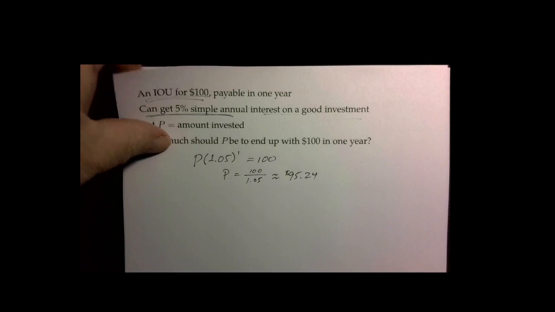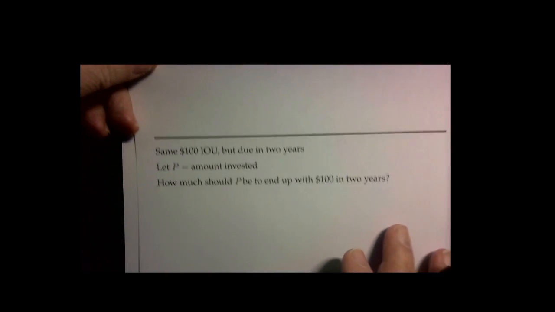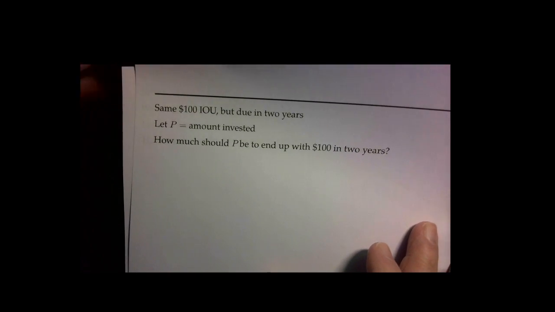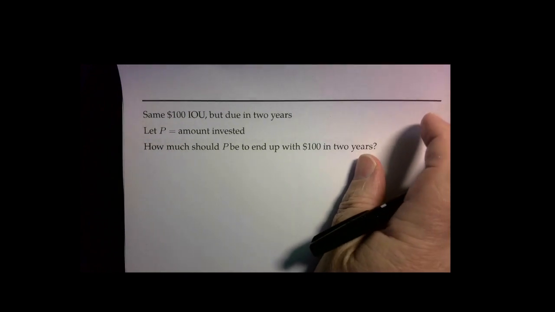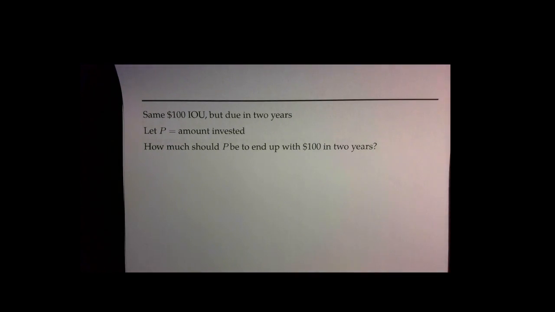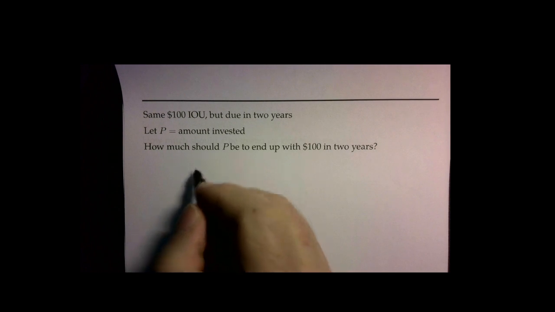Okay, let's do one more with simple interest here. Same IOU, it's $100. You can get 5% simple annual interest. But this time, the IOU is not due for 2 years. So if you buy the IOU from me, you would get paid $100 in 2 years. So how much would you have to invest now at 5% simple annual interest to end up with $100 in 2 years?